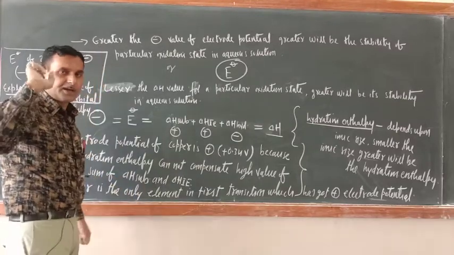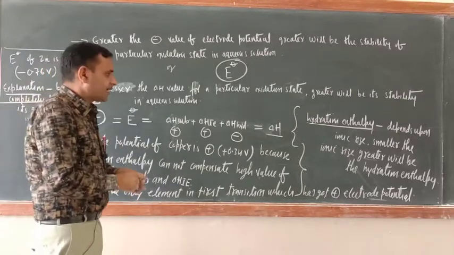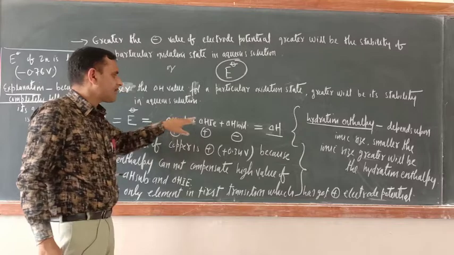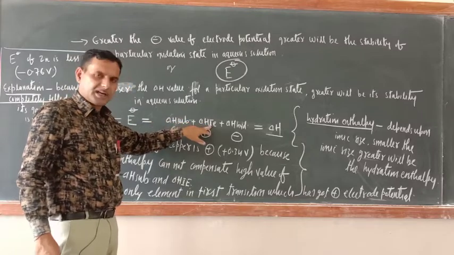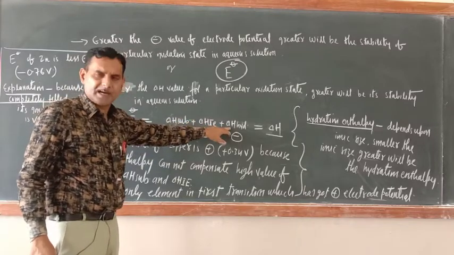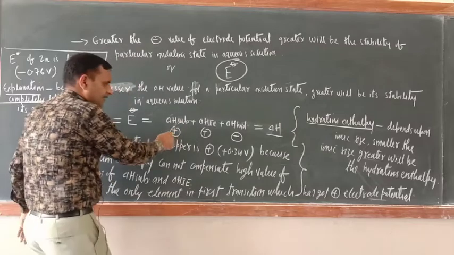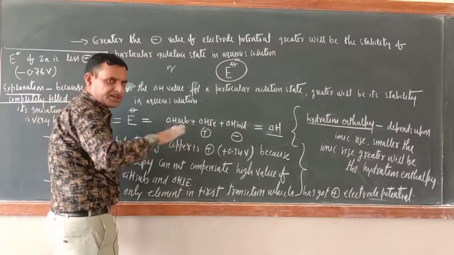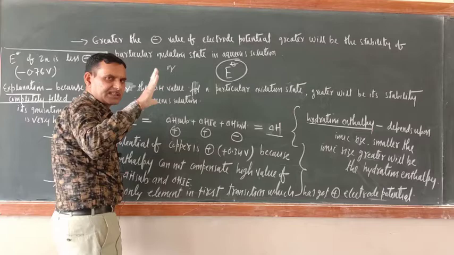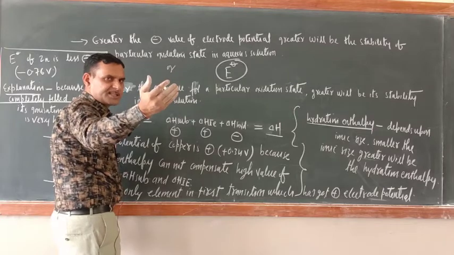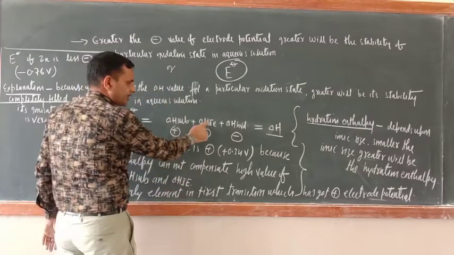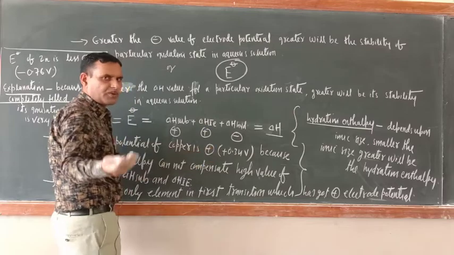Now, try to understand here. Delta H depends upon sublimation and ionization enthalpy and the sum of hydration enthalpy. Sublimation is the amount of energy needed to convert a solid substance directly into gaseous state without undergoing liquid state. Ionization enthalpy, you know, is the amount of energy required.